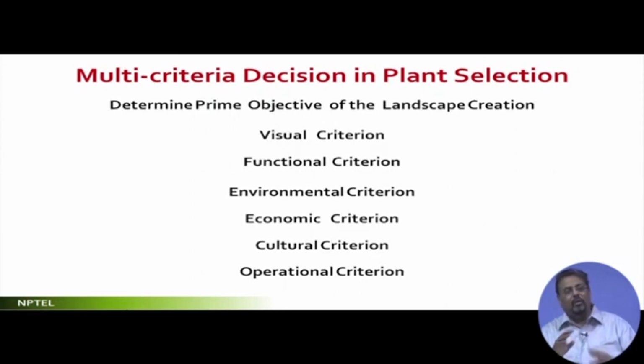So cultural. Take an example. You have been asked to design a landscape project in an area which is highly rain prone. Let's say in our country, Assam, highly rain prone, and now you have to design the landscape.